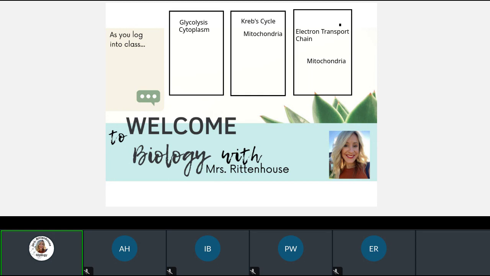What carbohydrate is so important? Yes, glucose, right? That's why we learned about these macromolecules first. Now we're going to look at how those macromolecules are important in our cellular organelles in our everyday cellular processes.